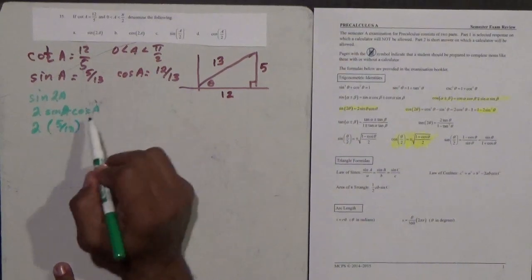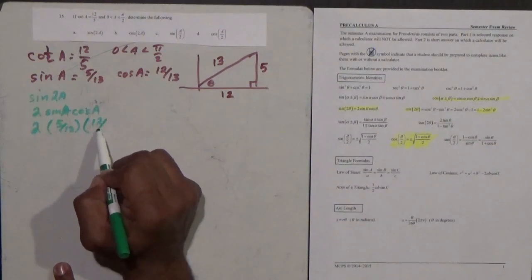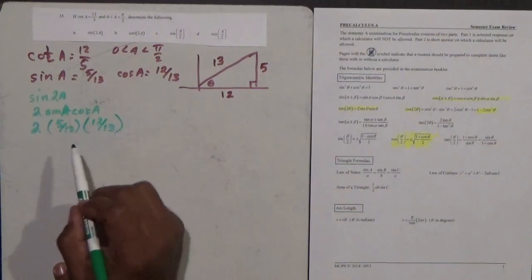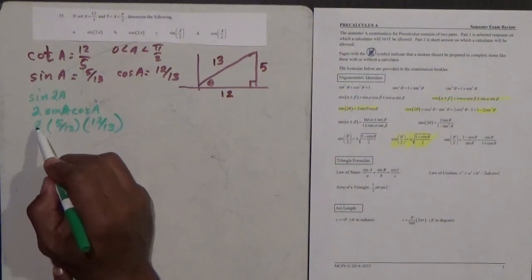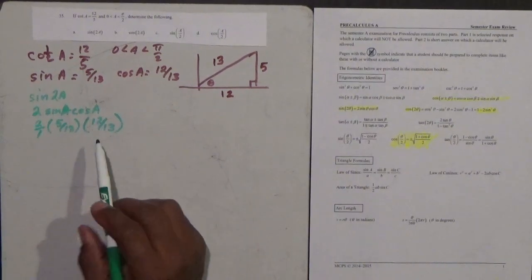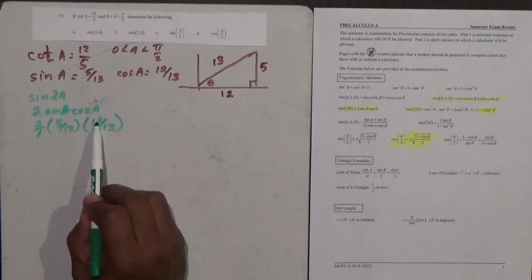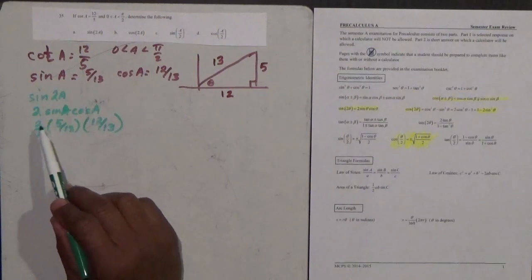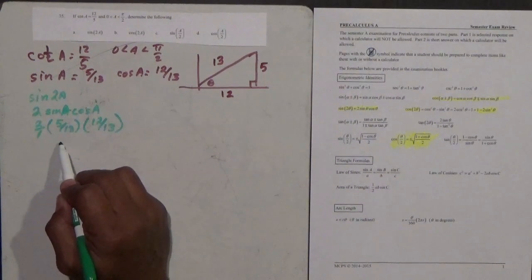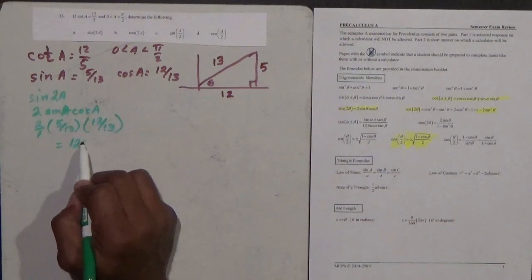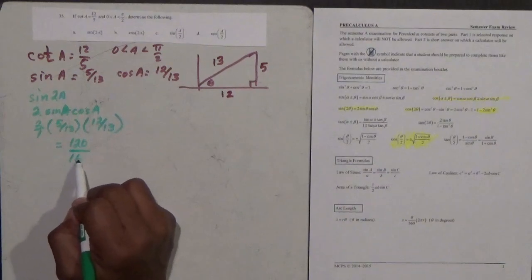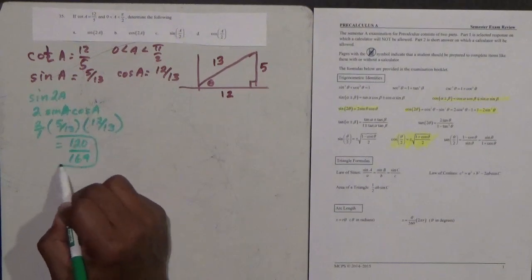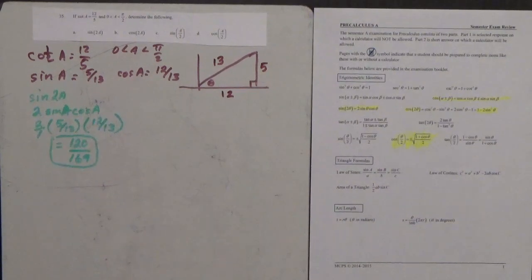And cosine A is 12/13. Now I always take this 2 and make it 2 over 1, so I make sure I don't multiply incorrectly. 5 times 12 is 60, times 2 is 120. And 1 times 13 times 13 is 169. I'm done. There's your sine 2A.